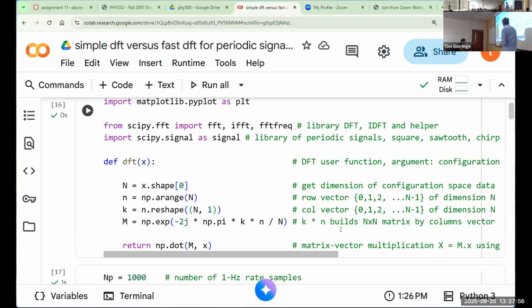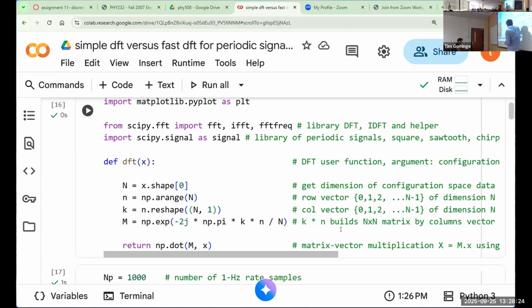And then it's going to return the corresponding data in the frequency domain. So in the language of the slides, it's going to return uppercase X with the k index. So the argument is the time domain data, the return is the frequency domain data. It's as simple as that.